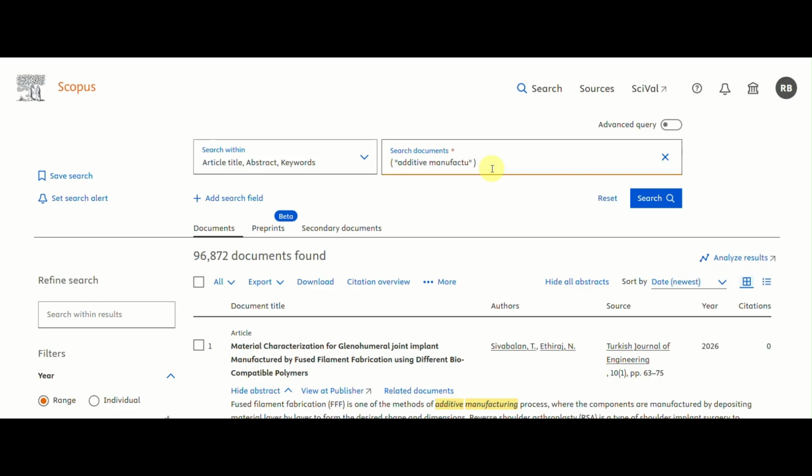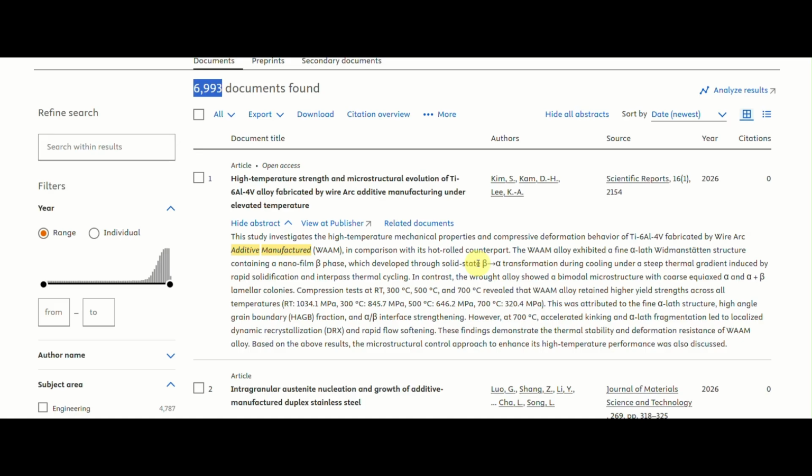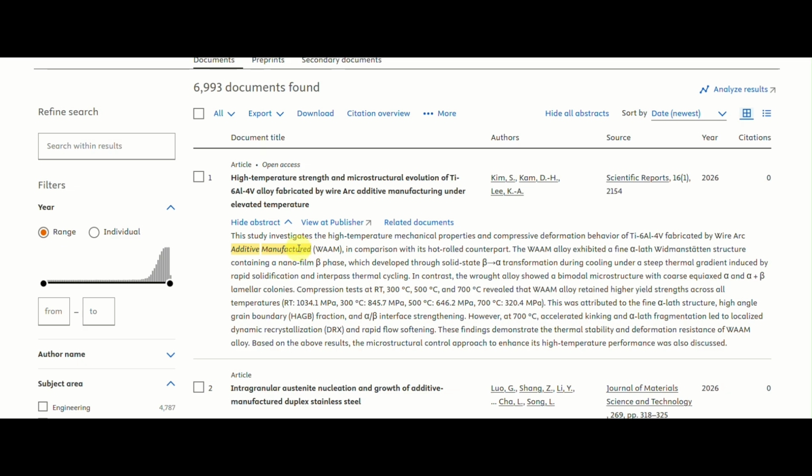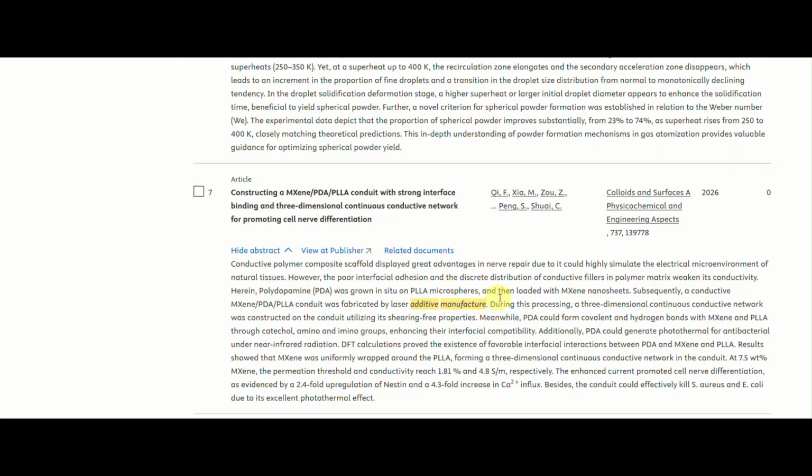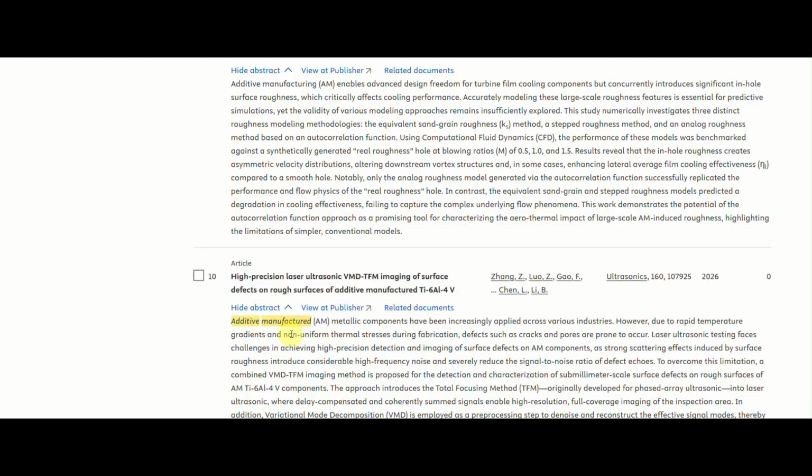Let's see what is going to happen if we change this keyword to additive manufacture. This time the documents got reduced, isn't it? Why? Let's see how exactly it is considered. Earlier we used manufacturing, this time it is considered as additive manufactured.